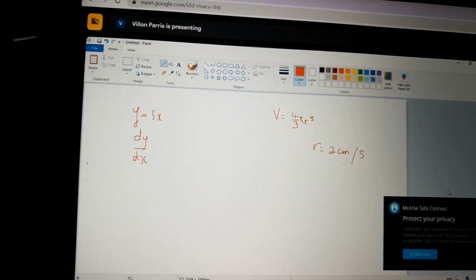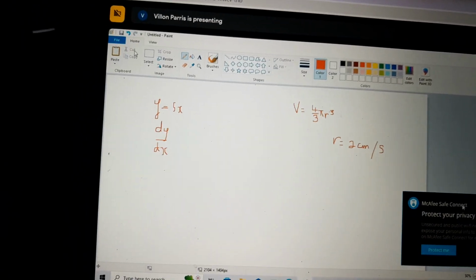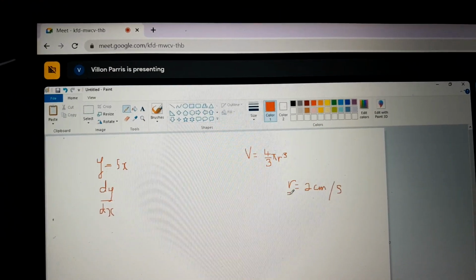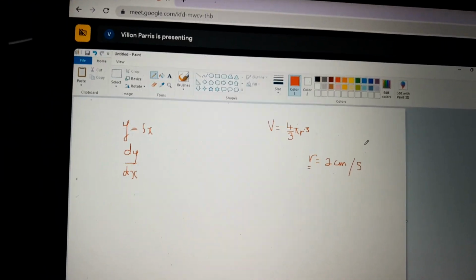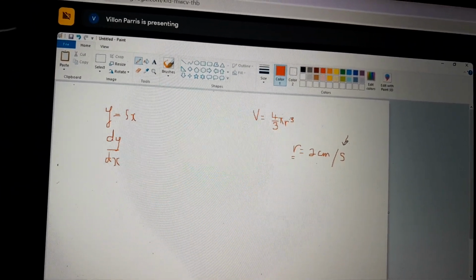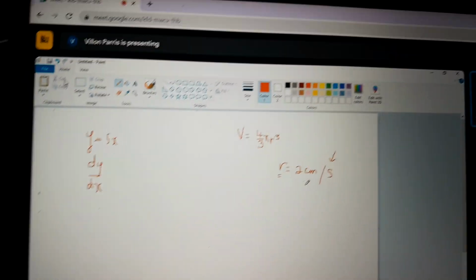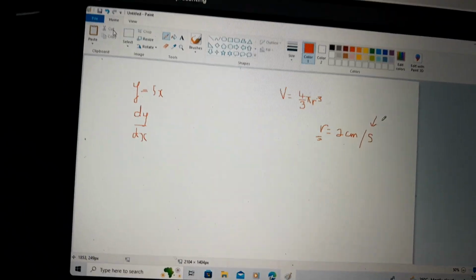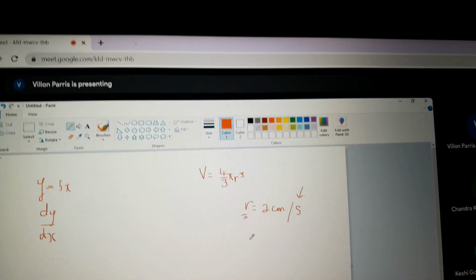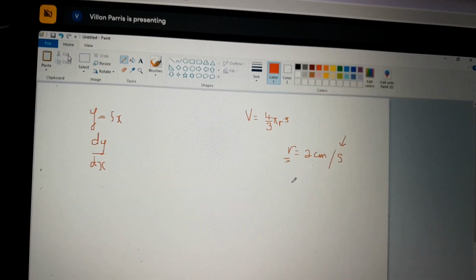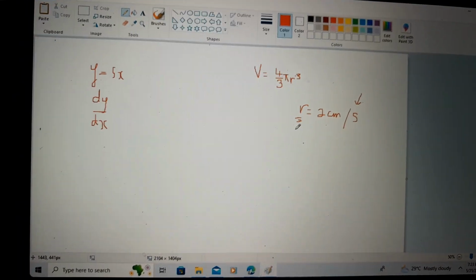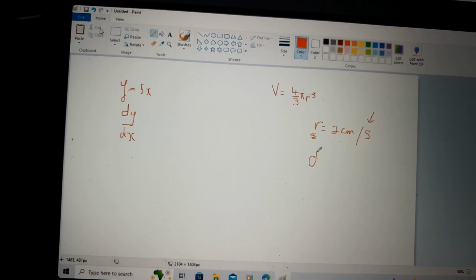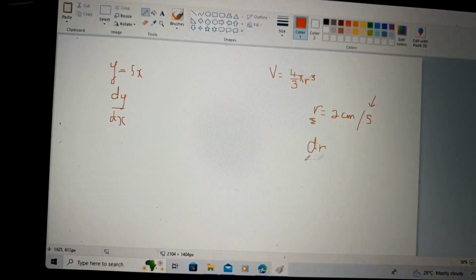So if we want to represent the rate of change of radius with respect to time, how can we write that? A change in radius with respect to time. So dy/dt. Good effort. Very good effort. But radius represents r, right? So it will be dr/dt.